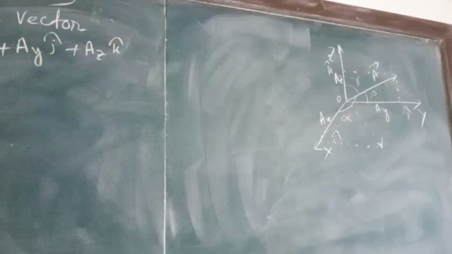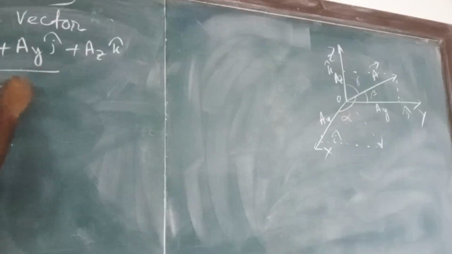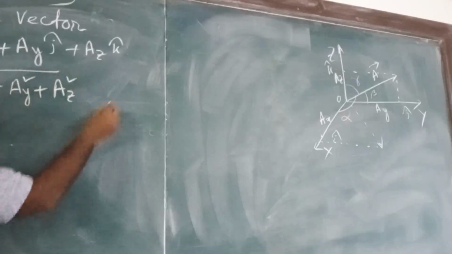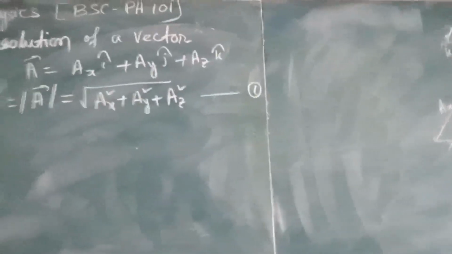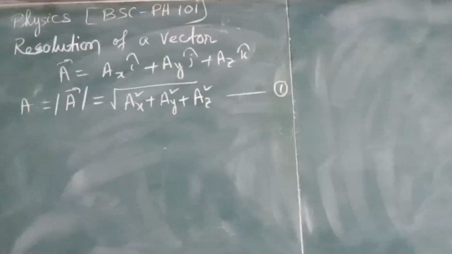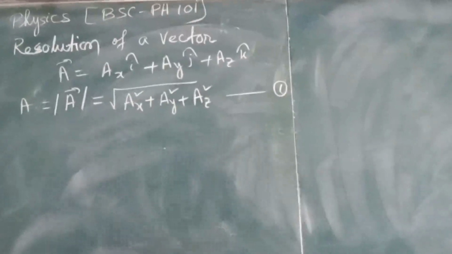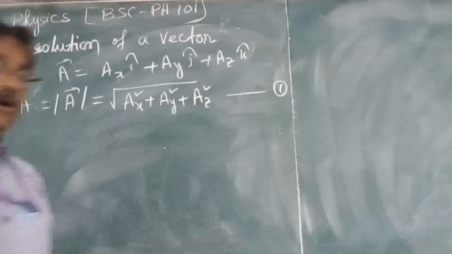Therefore, the magnitude of A equals the square root of AX squared plus AY squared plus AZ squared. Equation 1.